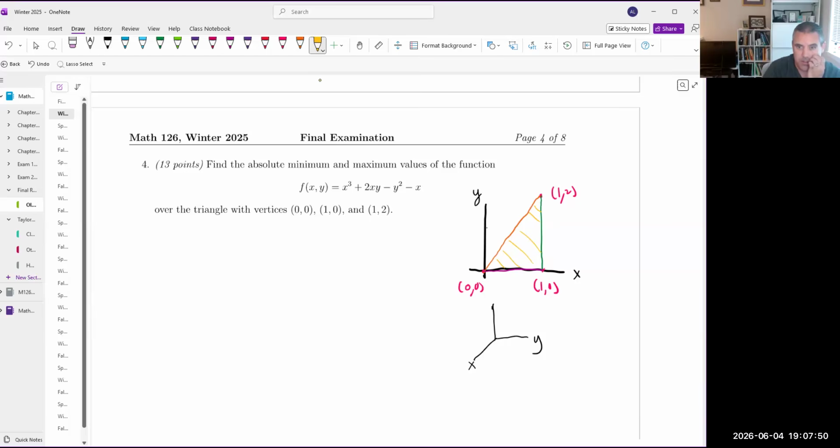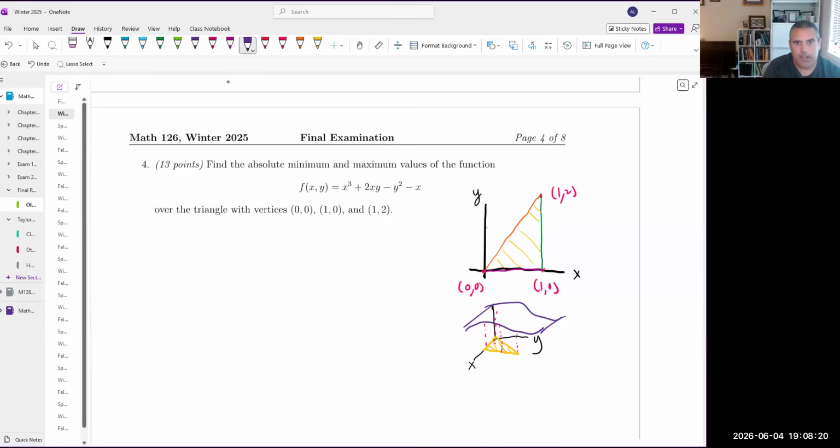But there's this region that looks like this, and there's some sort of flying carpet above it. We would like to know where you should stand so that when you look up, it has the biggest or smallest. And that can either be at a corner, it could be at a point in the middle, it could be above a point on the side. So we need to check all the points appropriately.